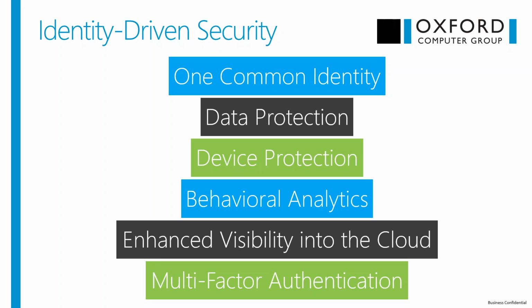It's also providing data protection with Azure Information Protection and Office 365 data loss protection, as well as device protection. Users are using their mobile devices, so we're looking at doing device protection, not only on the devices themselves, but on the individual apps, looking at mobile application management.